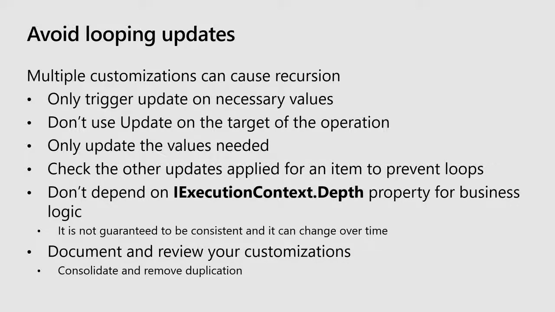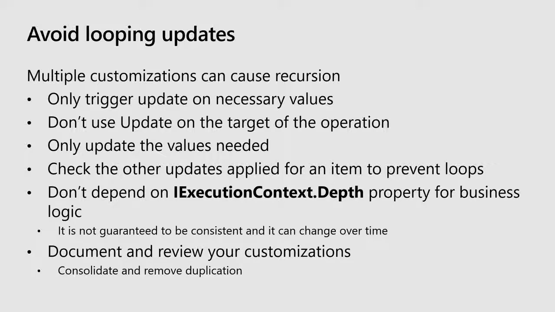One of the items that I frequently see in blog posts, and there's a lot of great information in blog posts written by the community, but one of the things that I've seen mentioned a couple times is people really focusing on the execution depth property to determine where they are in the chain of a series of operations.